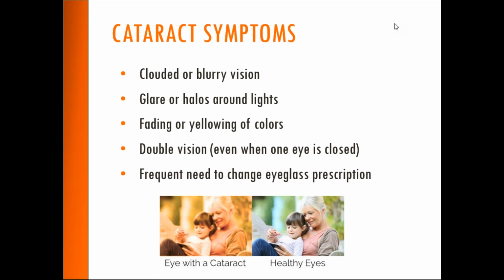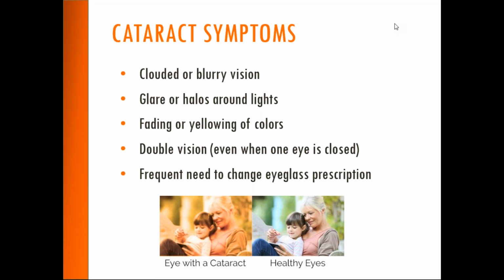You can also have a loss of color perception with cataracts. You're basically looking through a brown filter, and so colors like blue will desaturate and not look their real color. If you have a specific type of cataract called a cortical cataract, it can even give you double vision even with one eye. That can be very disabling, especially when you're trying to drive.